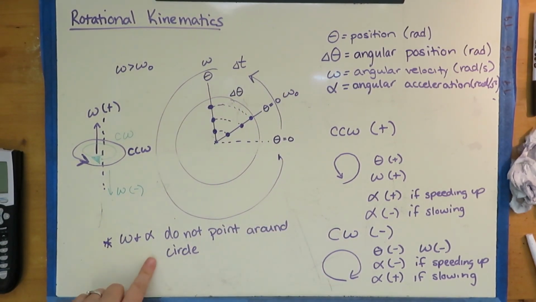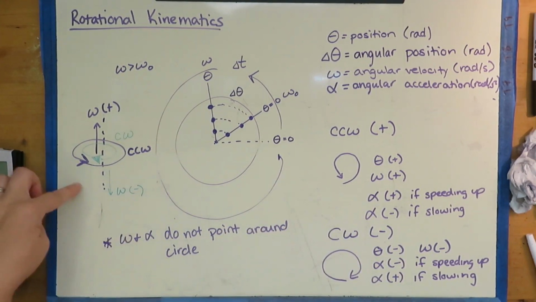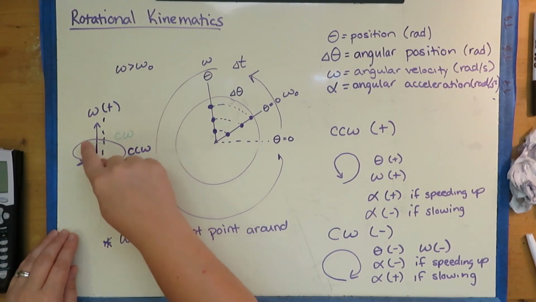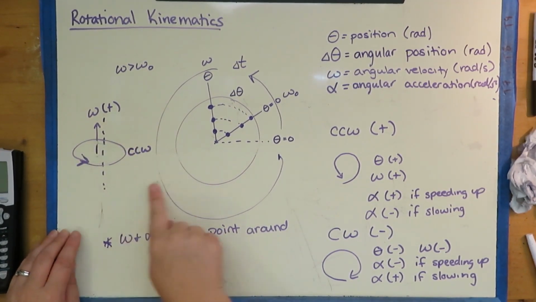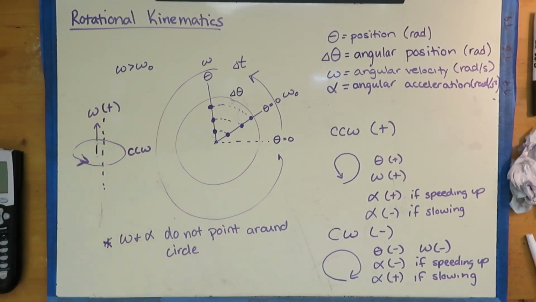And then if I wanted to determine alpha, it would follow these rules. Let's say I go back to just having this purple circle here, and I was speeding up in the counterclockwise direction.